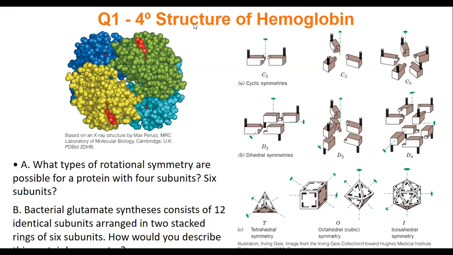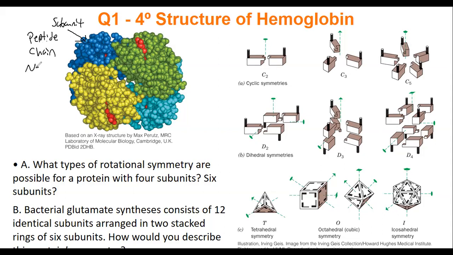Here we are looking at hemoglobin. We're going to study hemoglobin a lot in this class because it's a very well-studied protein. In hemoglobin, we have 4 subunits. A subunit is an individual peptide chain.